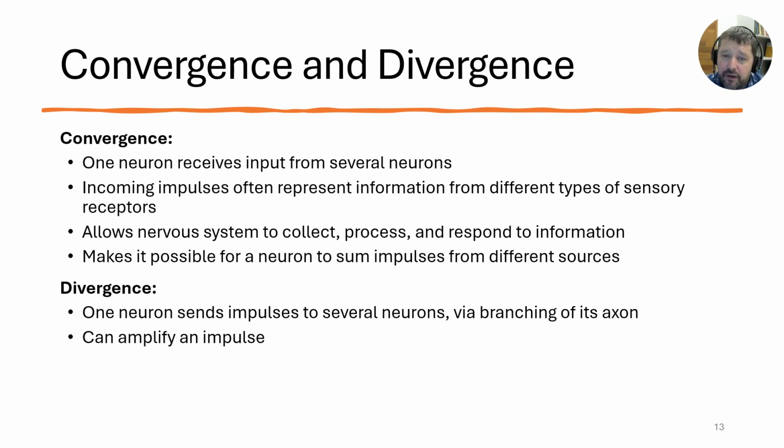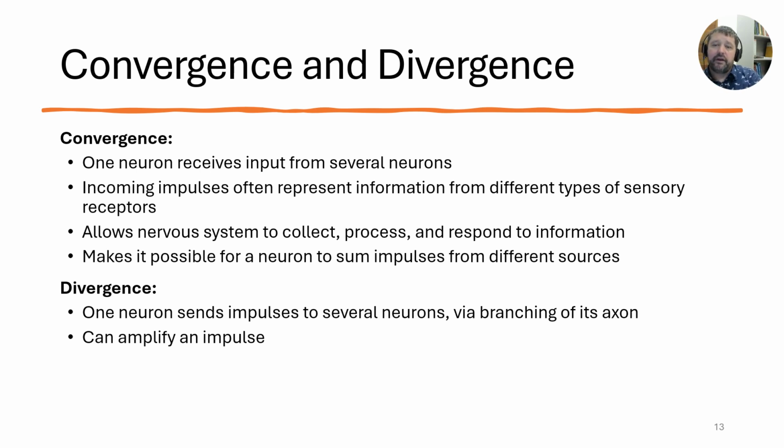Divergence can happen in kind of the same way, but in the opposite direction. So one neuron is sending multiple impulses to several neurons, as a branching axon that is connected with multiple neurons. So you might have multiple neurons sending a signal back to a single neuron.